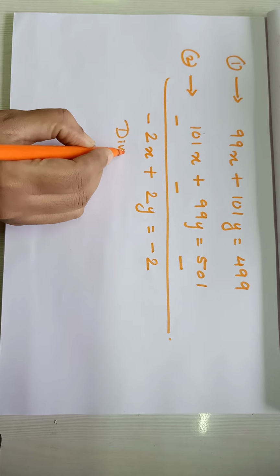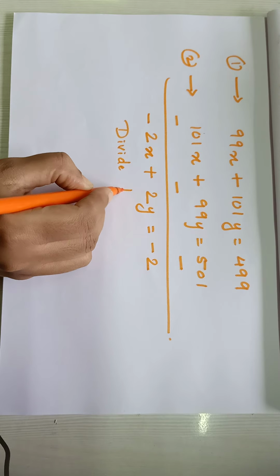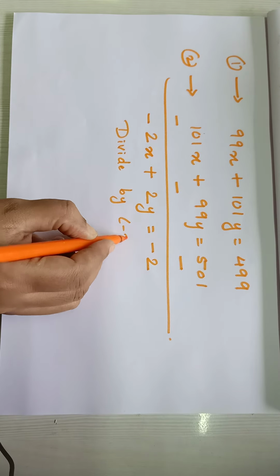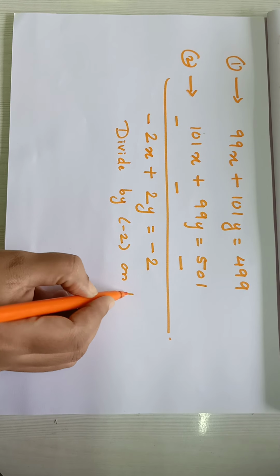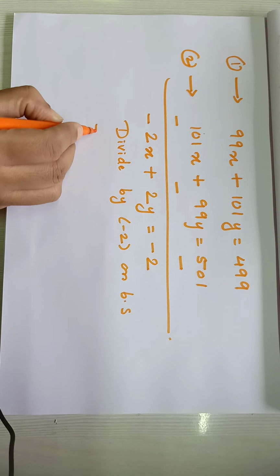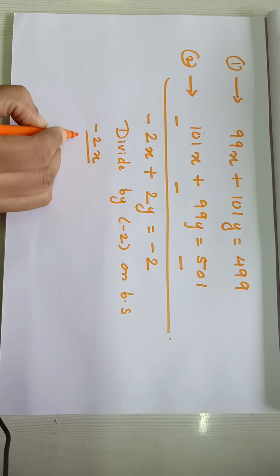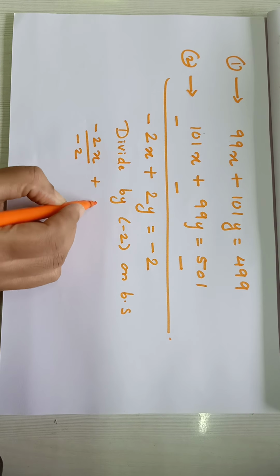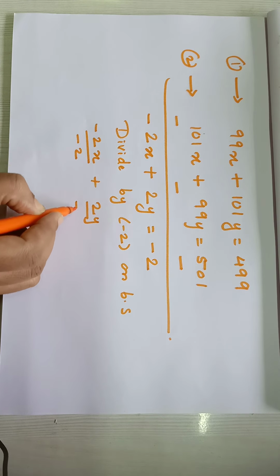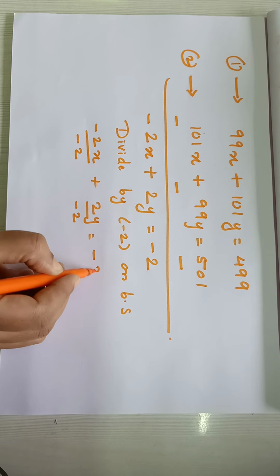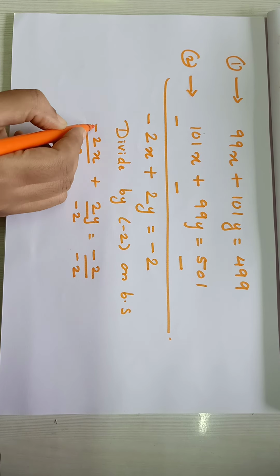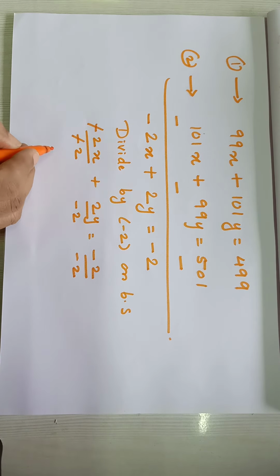So divide by minus 2 on both sides. This will be minus 2x upon minus 2 plus 2y upon minus 2 equals minus 2 upon minus 2. Minus cancels, 2 ones are 2 ones are.